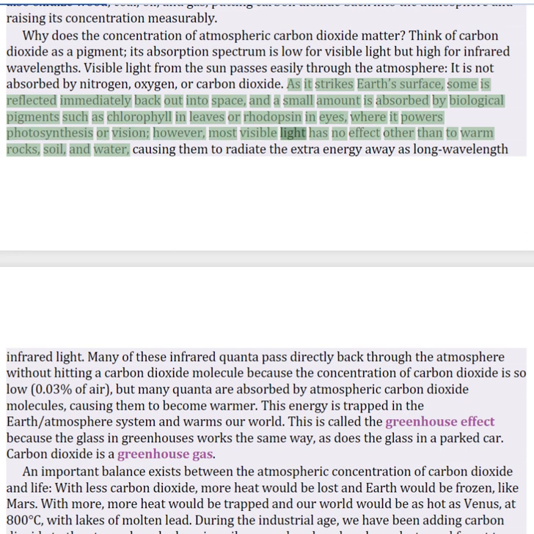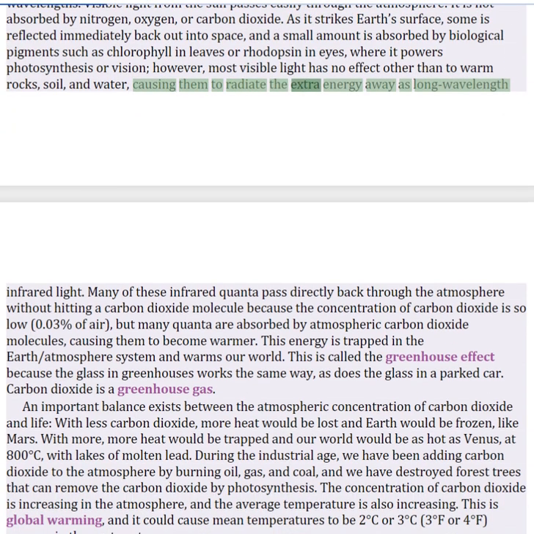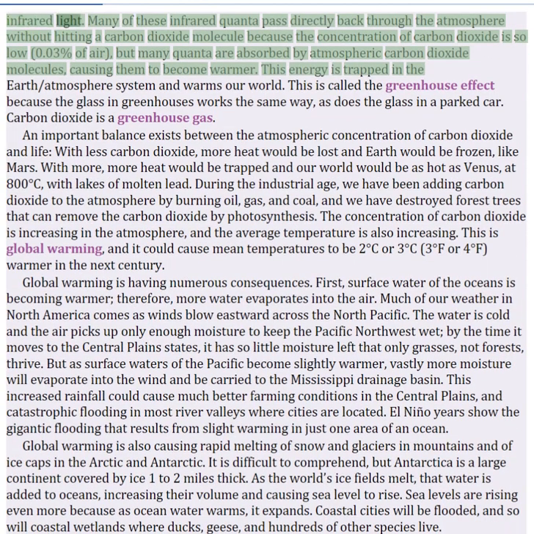However, most visible light has no effect other than to warm rocks, soil, and water, causing them to radiate the extra energy away as long wavelength infrared light. Many of these infrared quanta pass directly back through the atmosphere without hitting a carbon dioxide molecule because the concentration of carbon dioxide is so low, but many quanta are absorbed by atmospheric carbon dioxide molecules, causing them to become warmer.